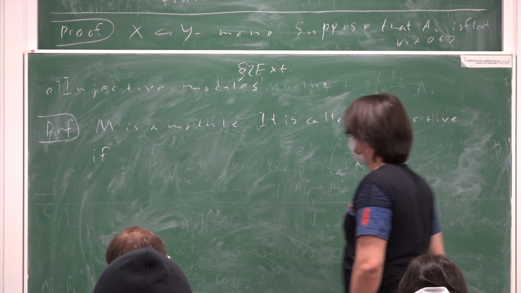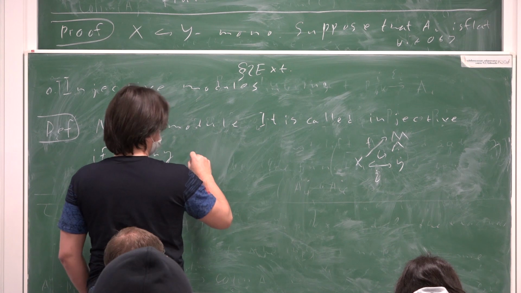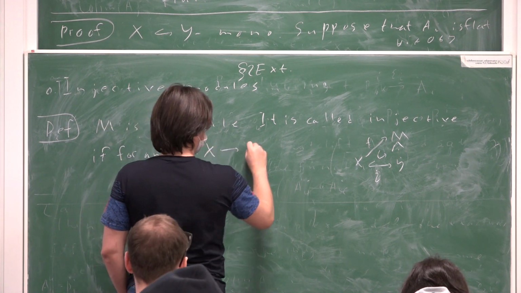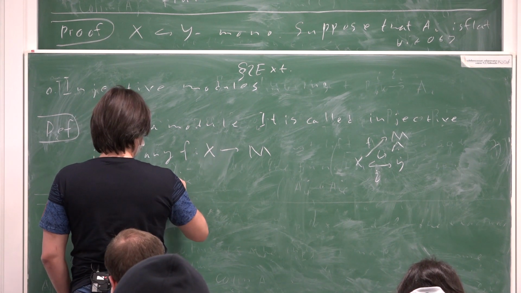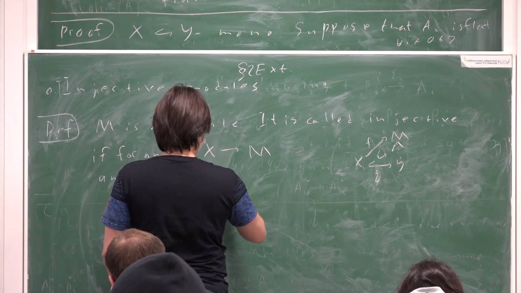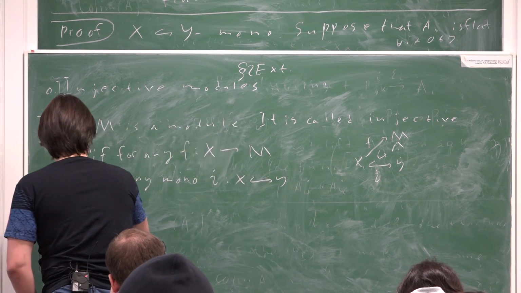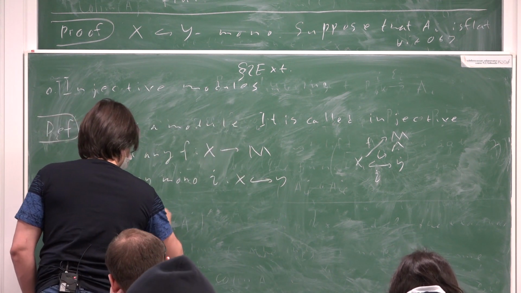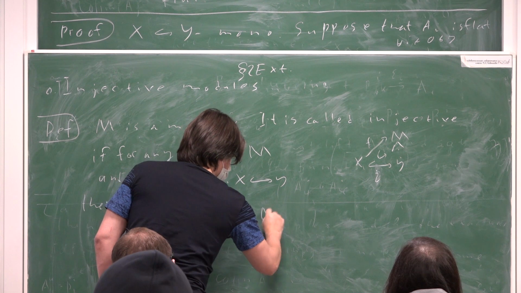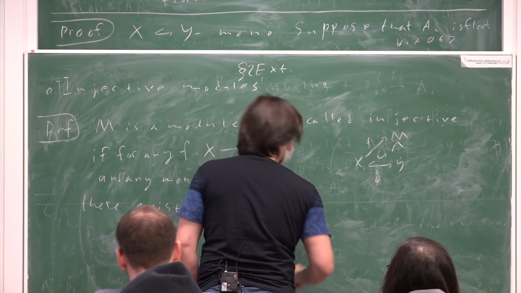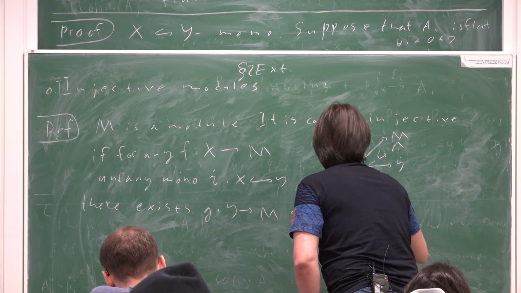If for any homomorphism f from X to M and any mono iota from X to Y, there exists g from Y to M such that g iota is f.